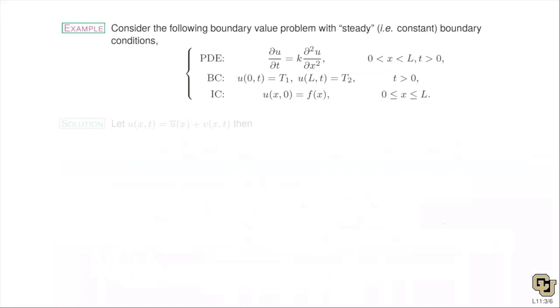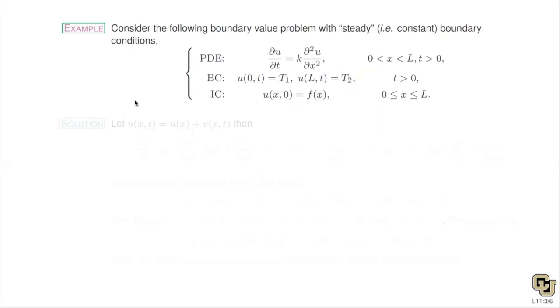Let me show you what we do when we have so-called steady conditions. Here I've got Dirichlet but not homogeneous. This is some fixed constant T1, assume it's non-zero, and some fixed constant T2, assume it's non-zero. Everything else is the same. The only place we've changed something is in the boundary condition.